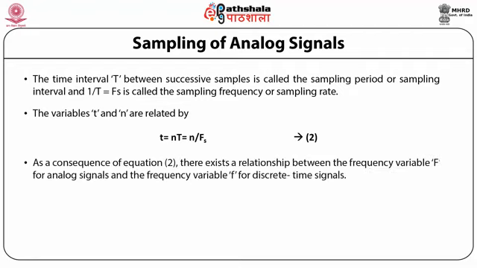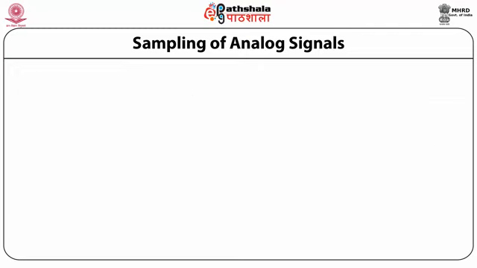As a consequence of this equation, there exists a relationship between the frequency variable F for analog signals and the frequency variable small f for discrete time signals. So let us now discuss the mathematical analysis of this process.